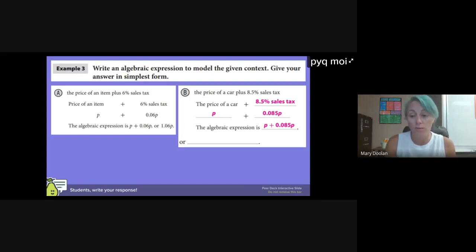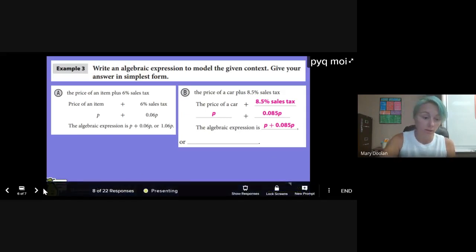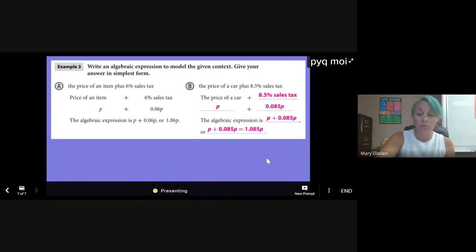It's 1P. Okay. So, last slide. There you go. If we have P or 1P plus 85 thousandths P, then that equals, for like terms, you add the coefficients, 1.085P.